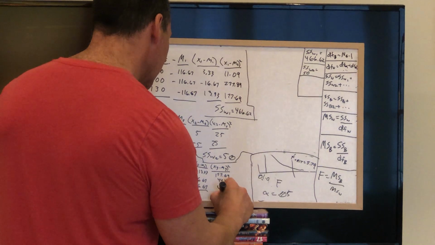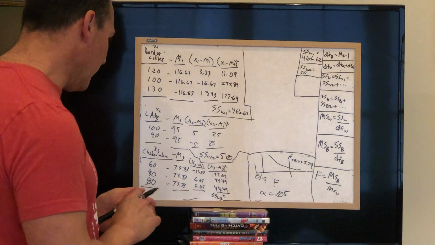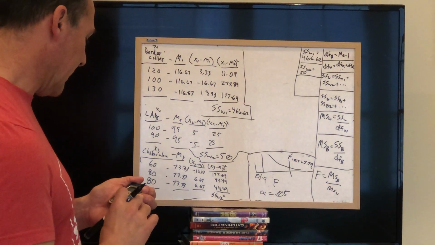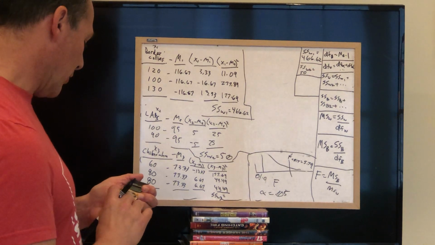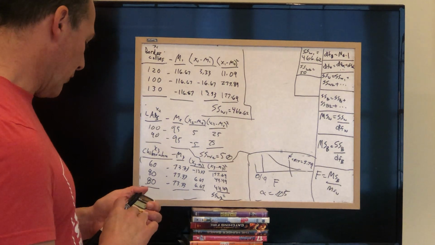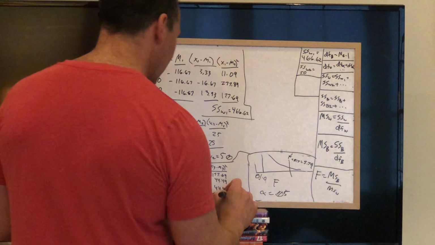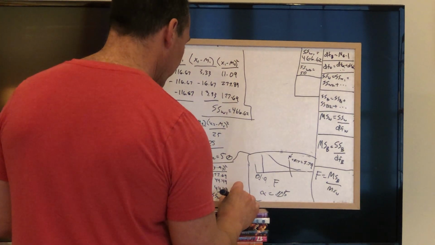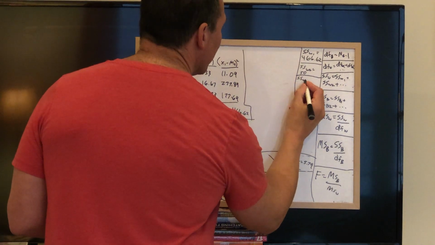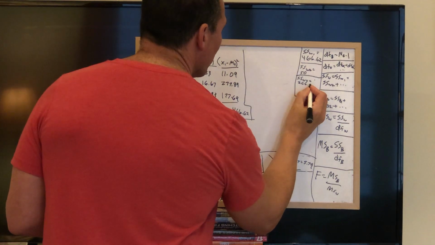And then SSW3 is going to be the sum of that column, which is 177.69 plus 44.49 plus 44.49, which is 266.67. So SSW3 equals 266.67.